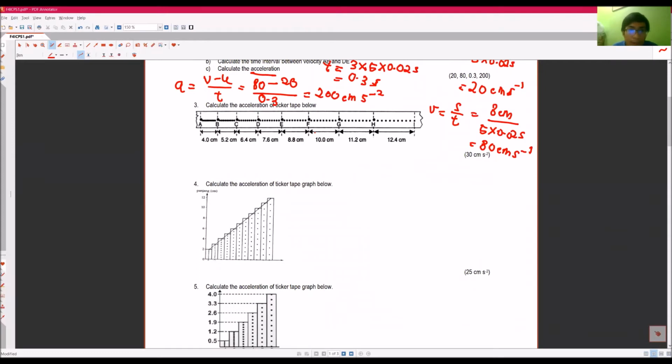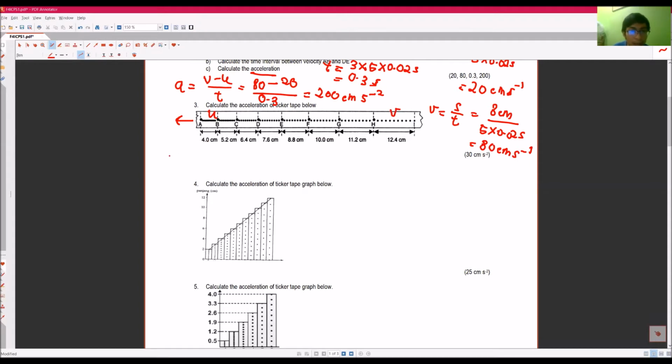In question number 3, there is no arrow to indicate the direction of motion of the ticker tape. So we just assume the same direction as before. That means this is the U, the initial velocity, and the final one is the final velocity.